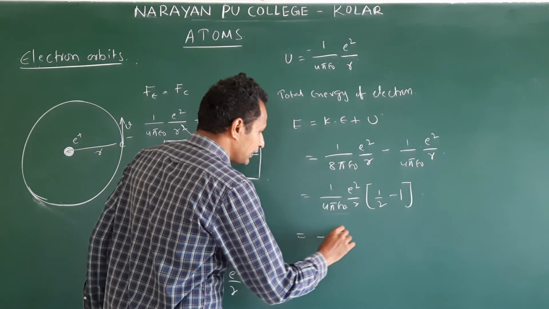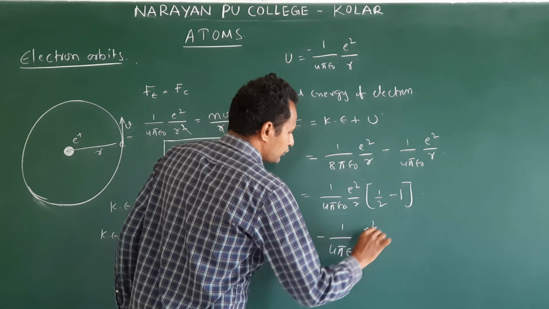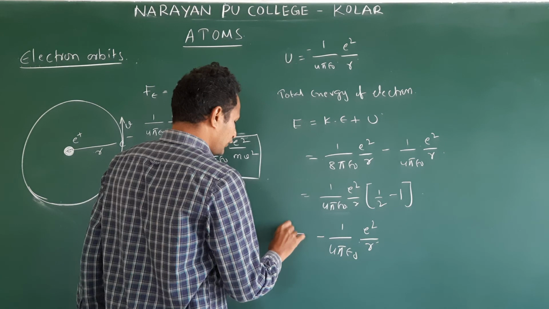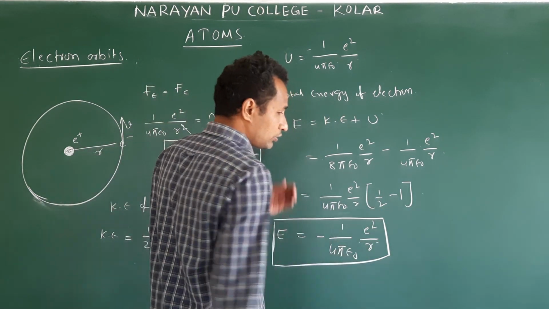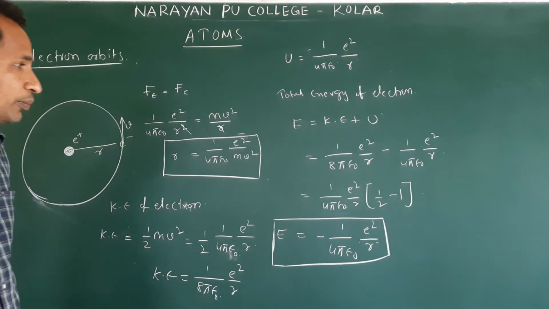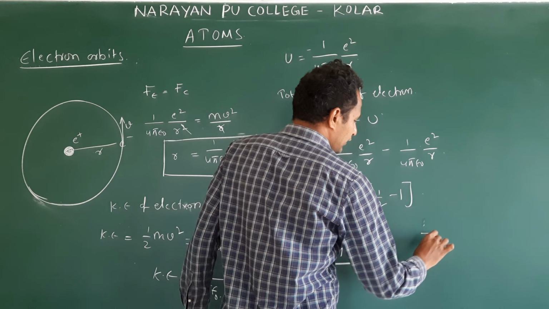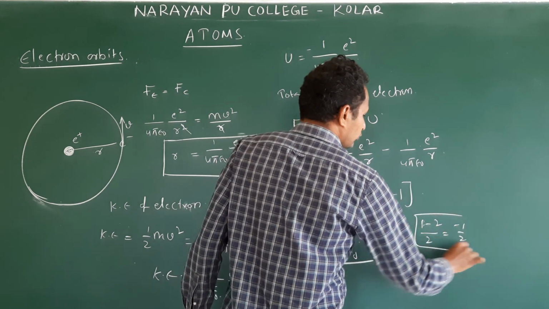So we will get minus 1 by 4 pi epsilon naught e square by R. This is the total energy of the electron of the hydrogen atom according to the Rutherford model. 1 by 2 minus 1: if you take LCM 2, 1 minus 2, so minus 1 by 2.